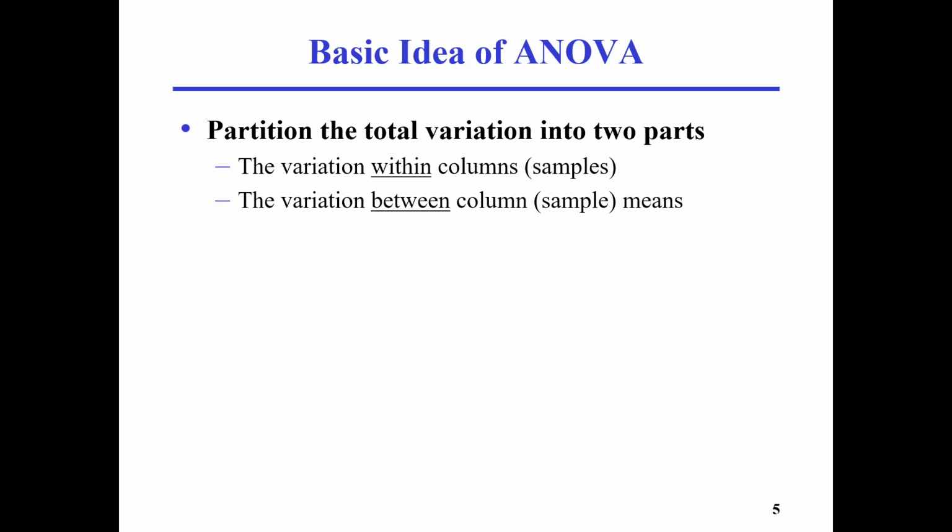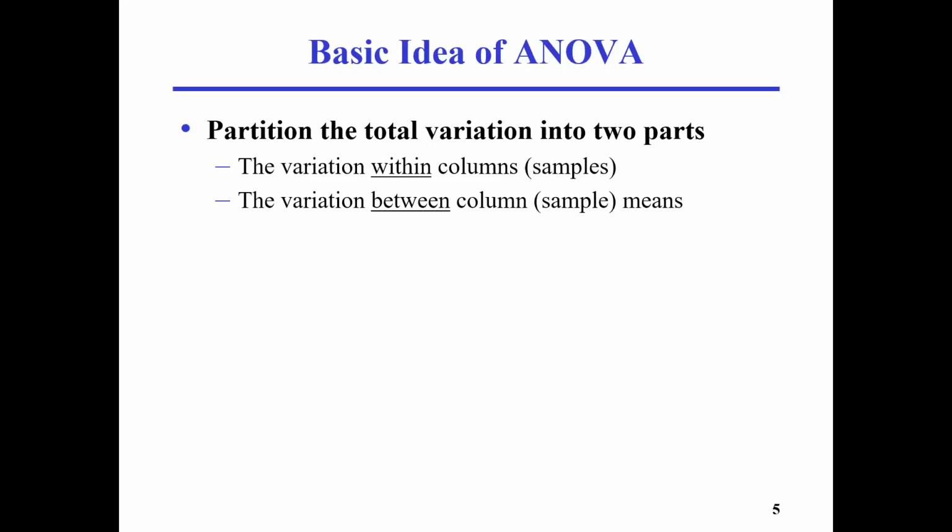According to the huge table I showed you last time, each column is for a sample, right? So the variation within columns can also be considered as the variation within samples. Similarly, the variation between column means can be considered as the variation between sample means.